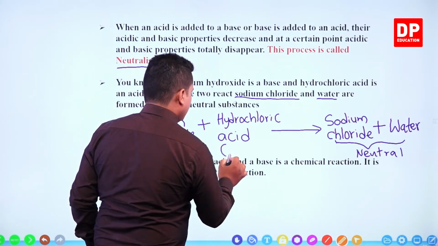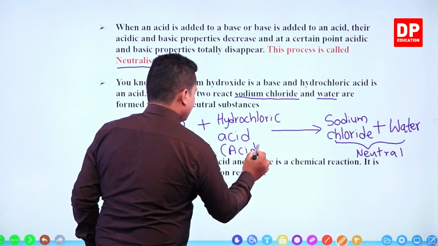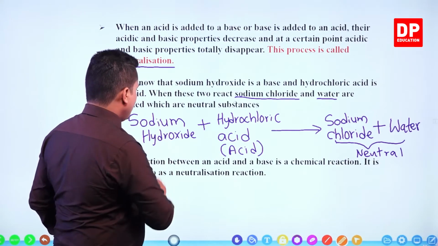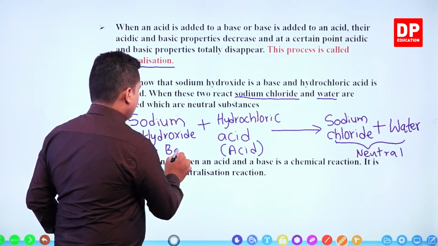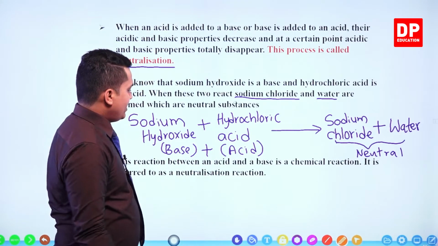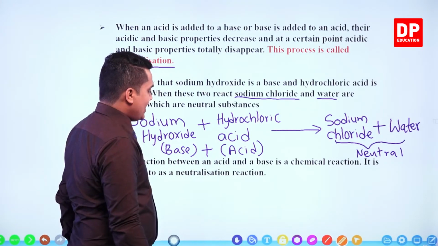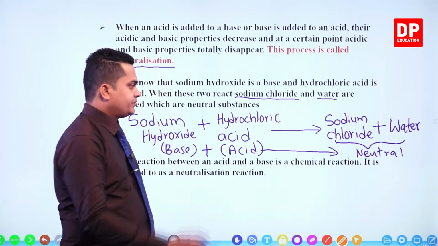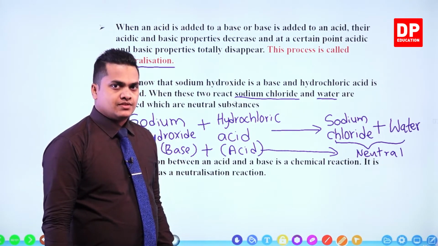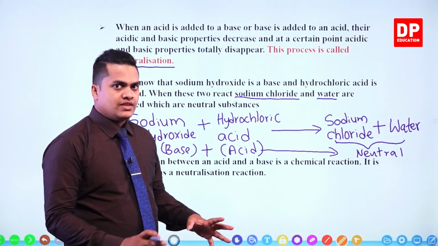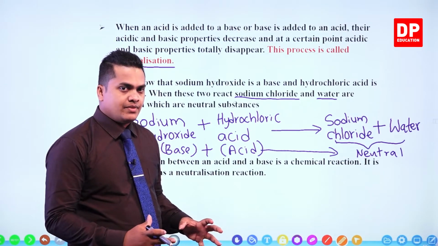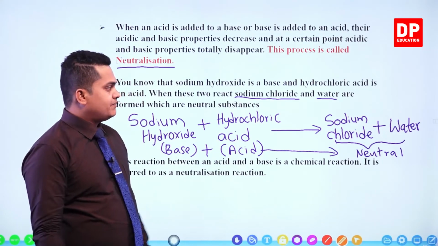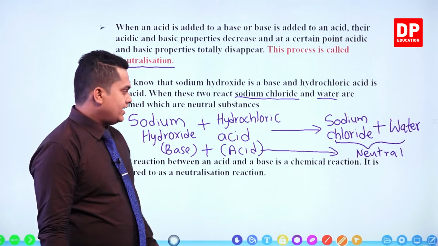Hydrochloric acid, sodium hydroxide, base. So when you add an acid with a base, my dear children, neutral substances are getting created, or both the acidic and basic features disappear to form neutral substances, right?